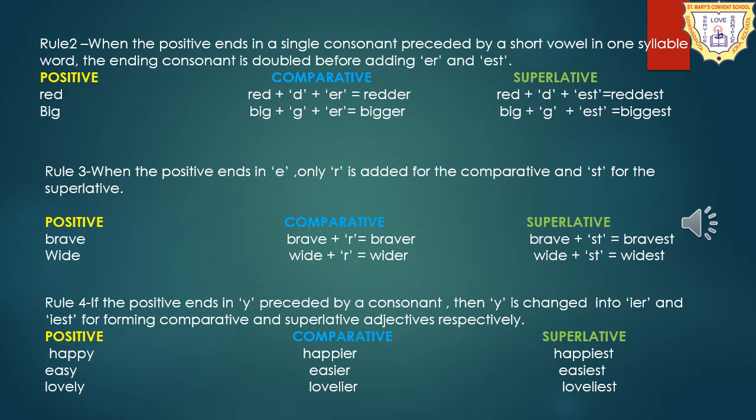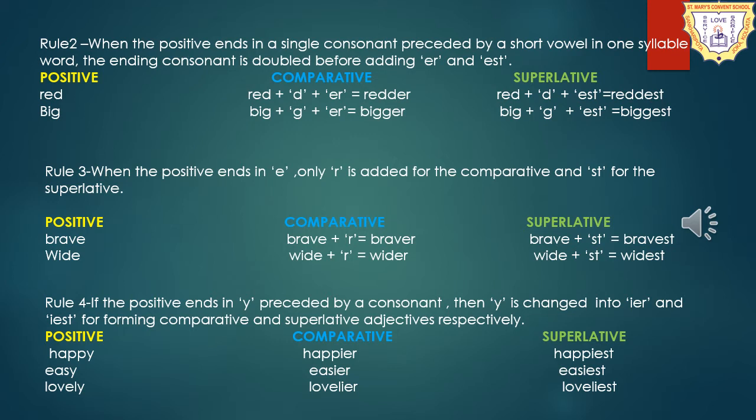So if we have a single consonant at the end of the word preceded by a single vowel, then we double the consonant and add er to it. For example, red: red plus d plus er equals redder.